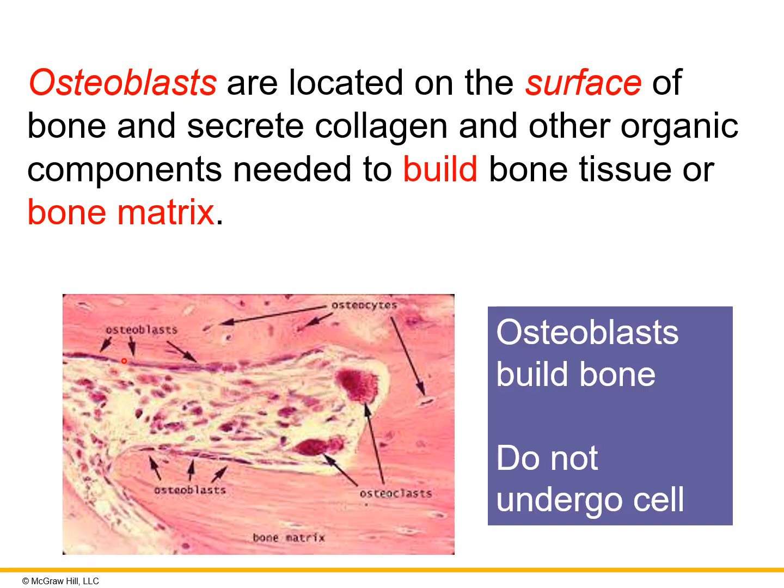So these are those osteoblasts here, and then some more osteoblasts. And these are going to be the guys that build bone, laying down that bone matrix and those collagen fibers and promoting ossification and mineralization of that bony matrix.